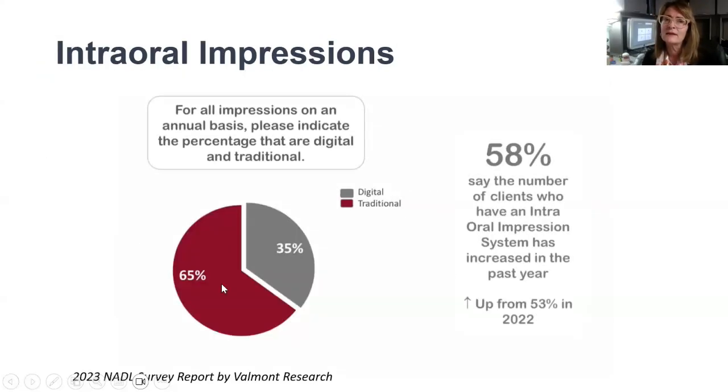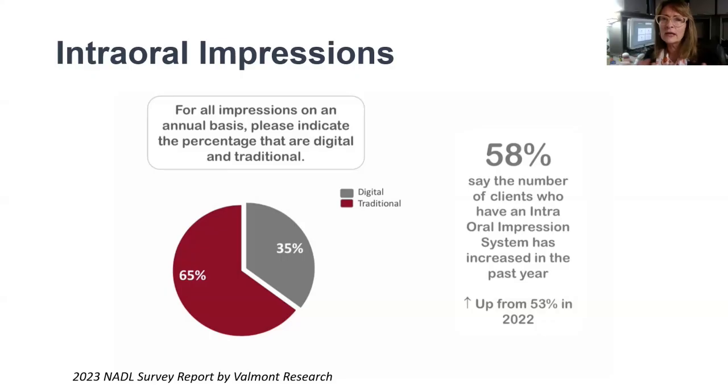This is some data that I found in an NADL research paper that Valmont Research had published. I was a little surprised about it, but I'm into data, so I wanted to share. For 2023, traditional impressions were still at 65% versus digital at 35%.